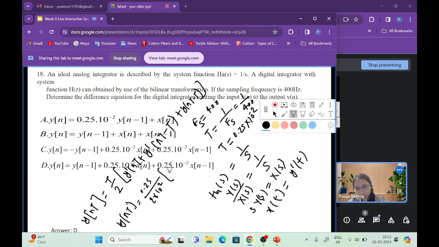Okay, so y dash(nT) is equal to x(t), so we have to put x(nT). Now I am writing here plus x(nT minus T) plus y(nT minus T). So I am removing it from here.